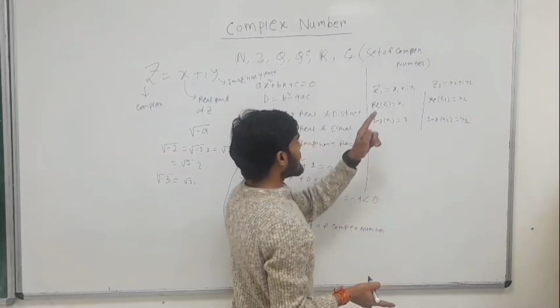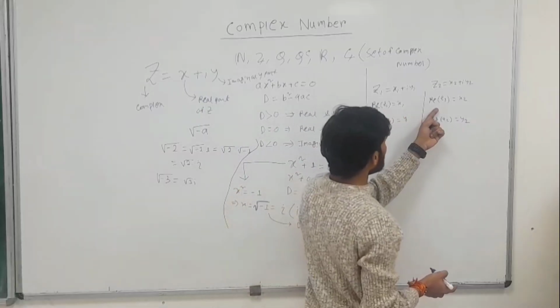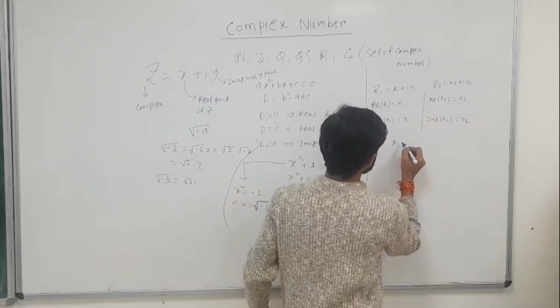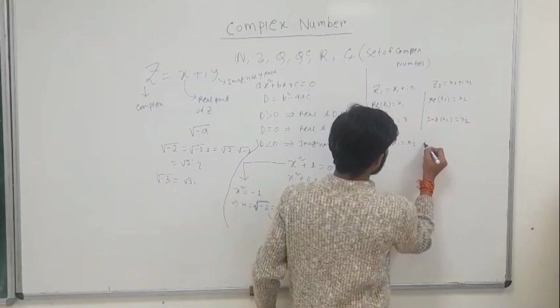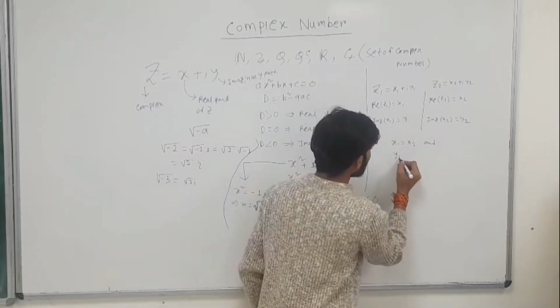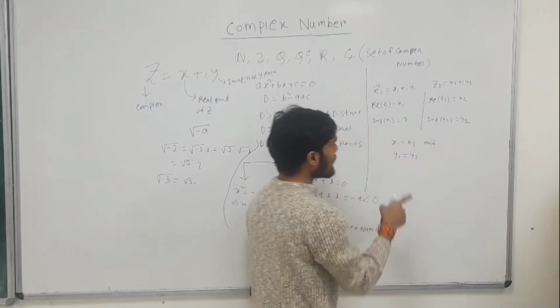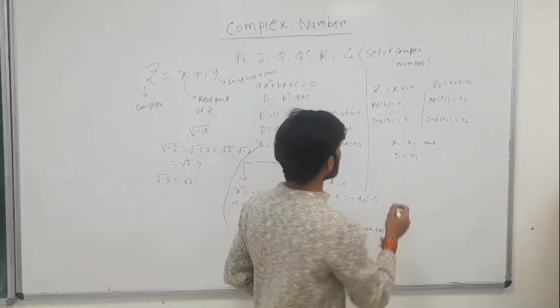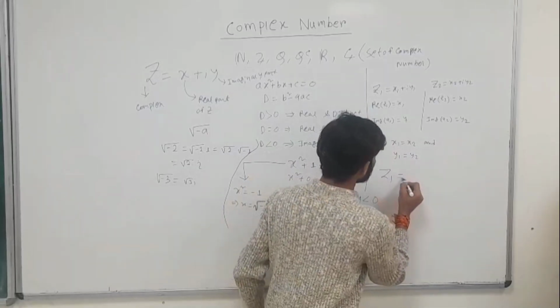So when the real part of z1 is equal to the real part of z2, that means x1 equal to x2, and the imaginary part of z1 and imaginary part of z2, that means y1 equal to y2, are equal, both are equal, then you can say that your two complex numbers z1 and z2 are equal.